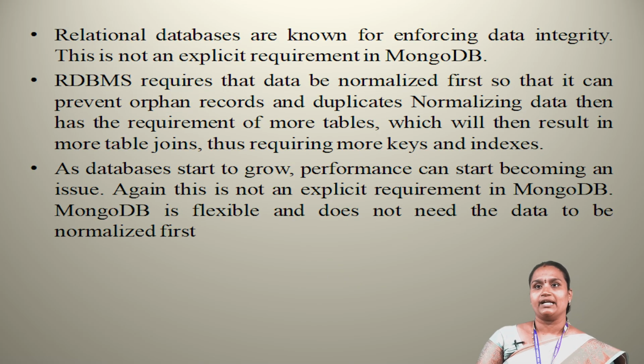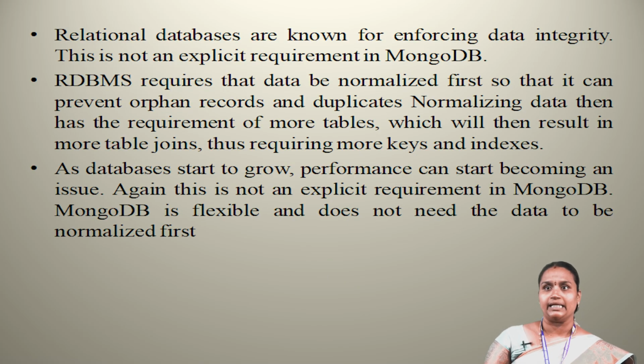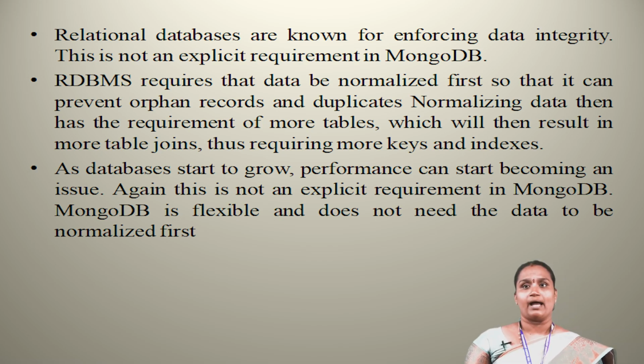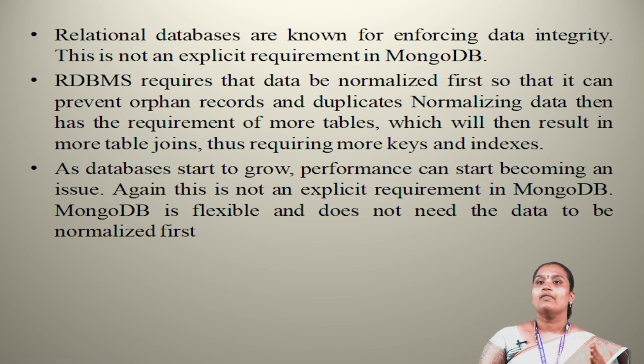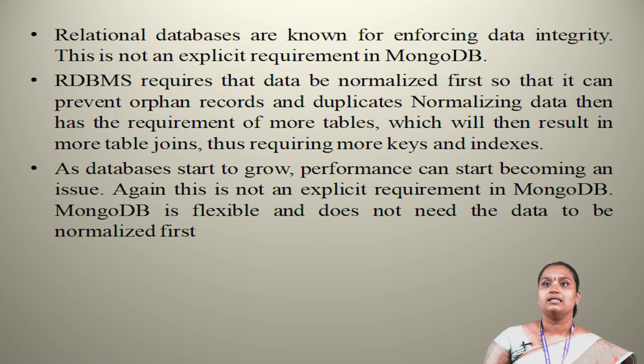Relational databases are known for enforcing data integrity. This is not an explicit requirement of MongoDB. The RDBMS requires that data be normalized first so that it can prevent orphan records and duplicates.